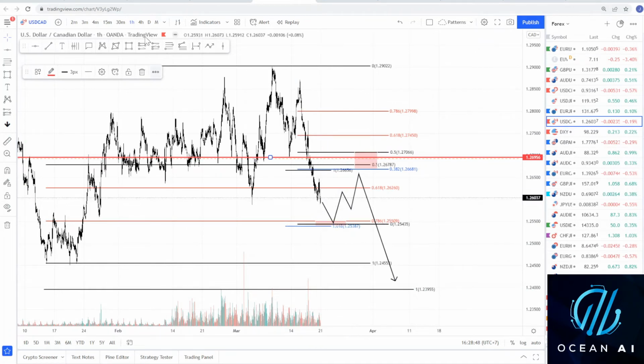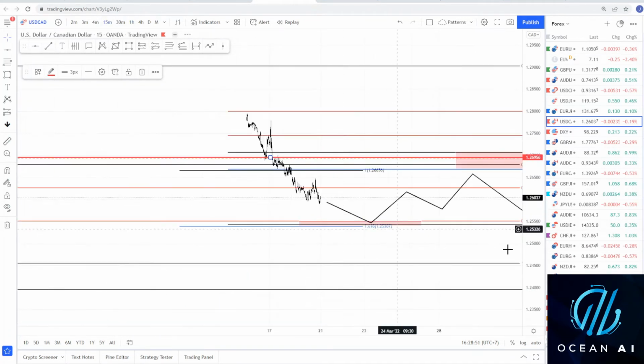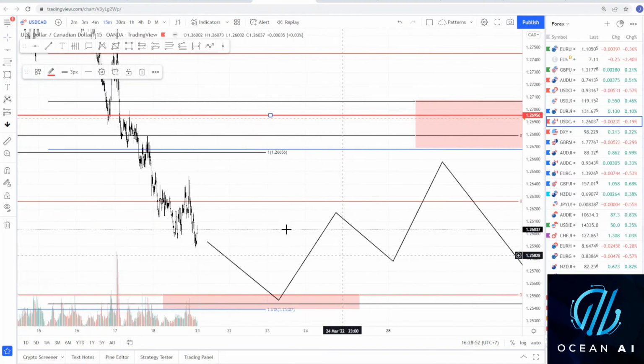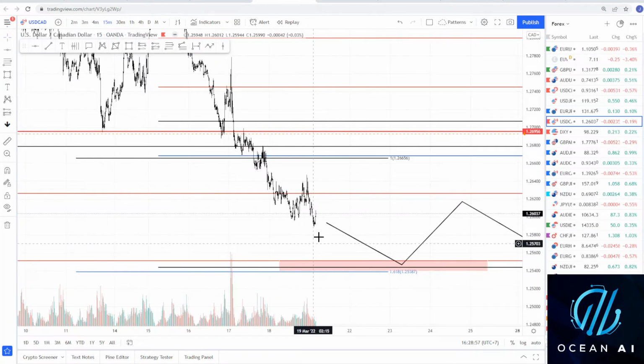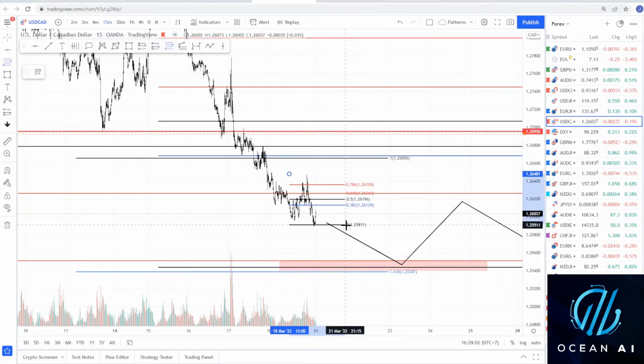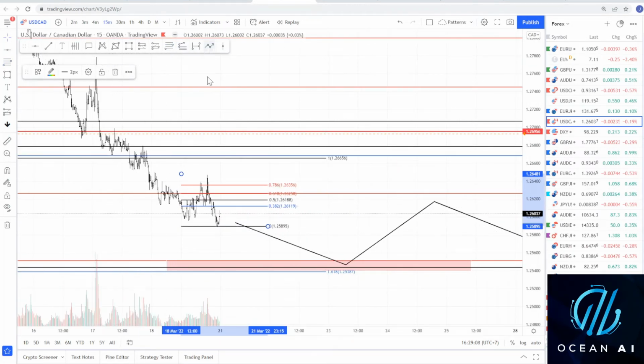Might even be able to get, if we go into a 15-minute. Yeah, if you want to go into a short time frame, I'll see how the AI goes for Monday. We might get a move.